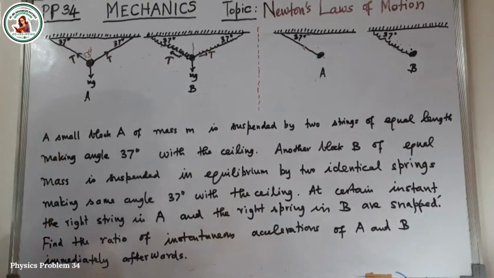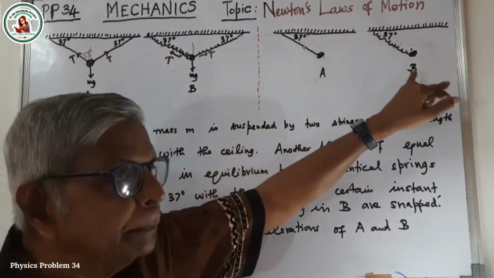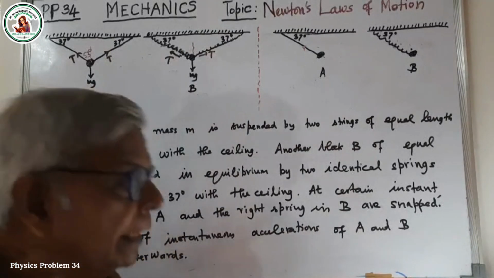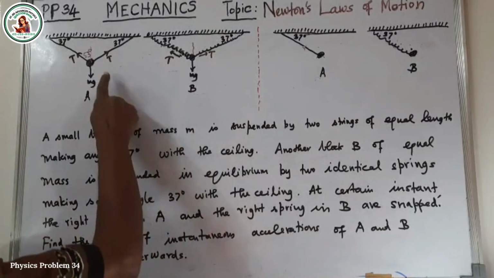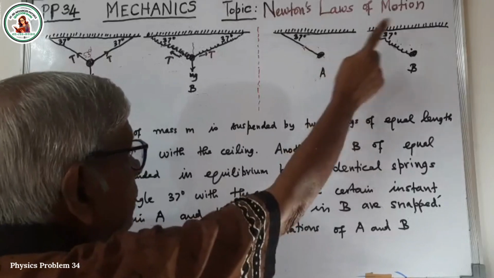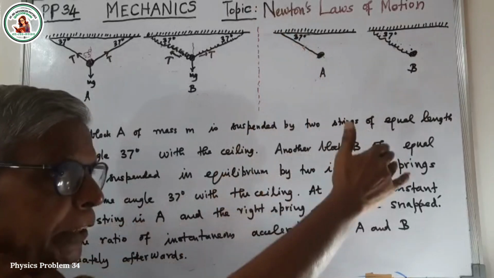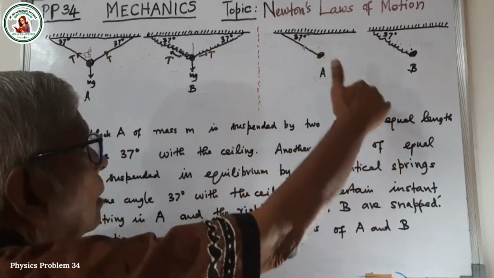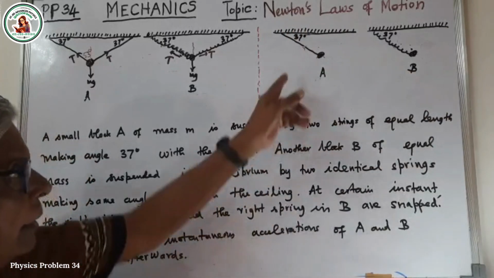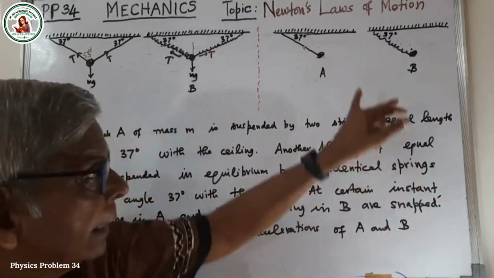In this respect, you should first understand the basic difference between a string and a spring. This is the diagram after the right string is cut. Immediately the tension in the string will change in order to satisfy the situation after cutting. Whereas this is not the case with a spring.